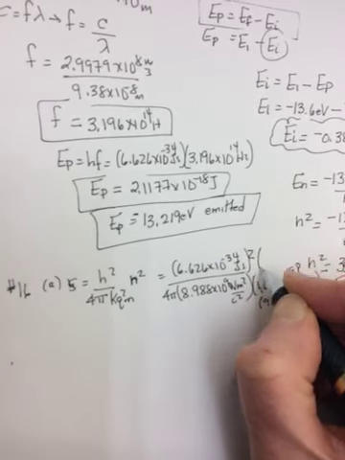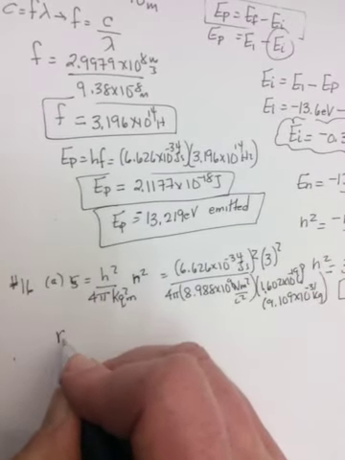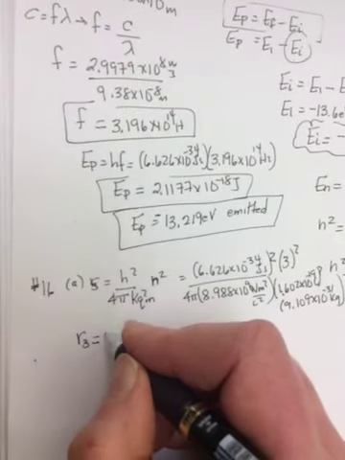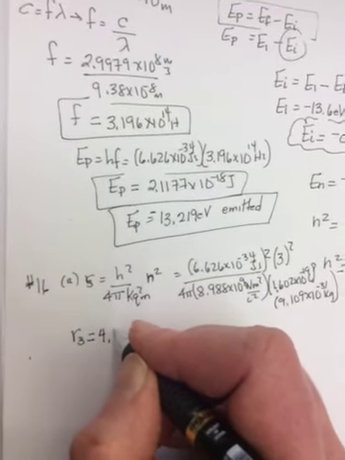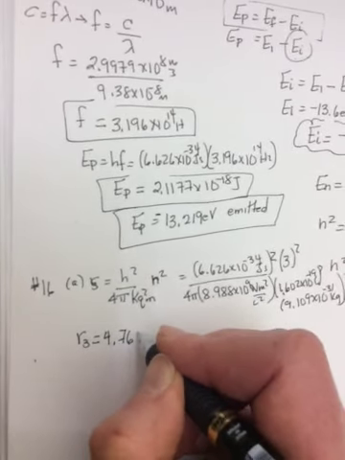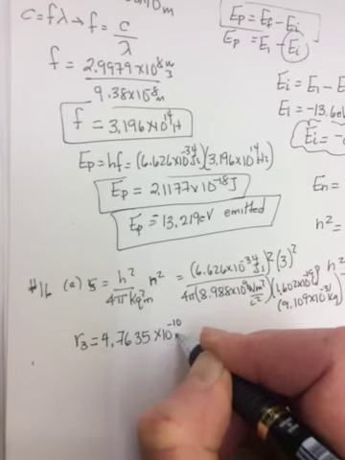And that all gets multiplied by n equals 3, so 3 squared. So r_3 ends up equaling something in the ballpark of 4.7635 times 10 to the negative 10 meters.